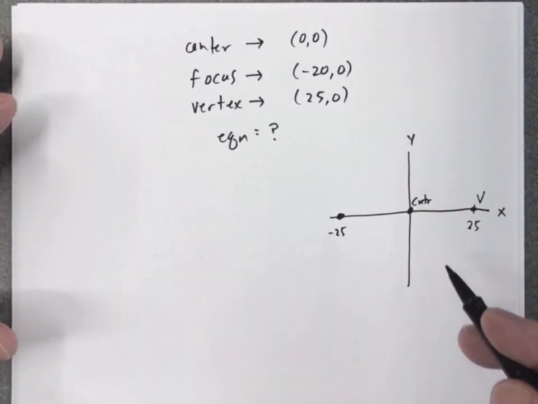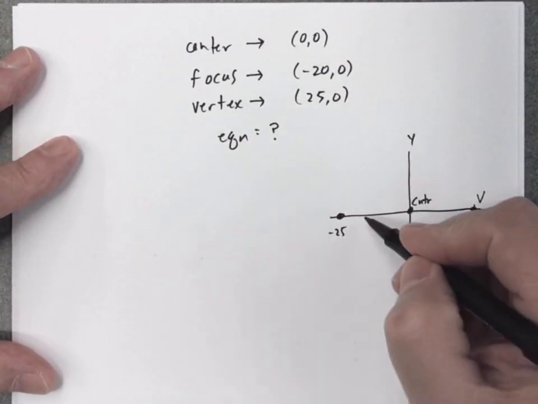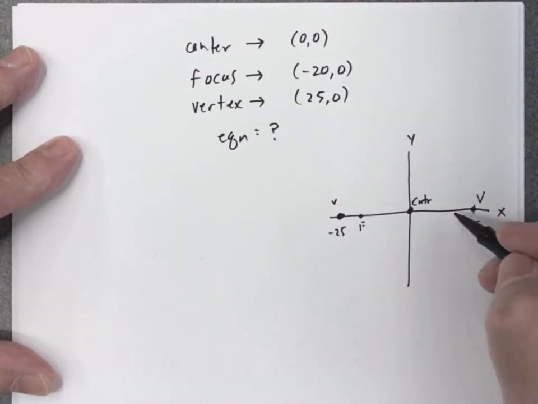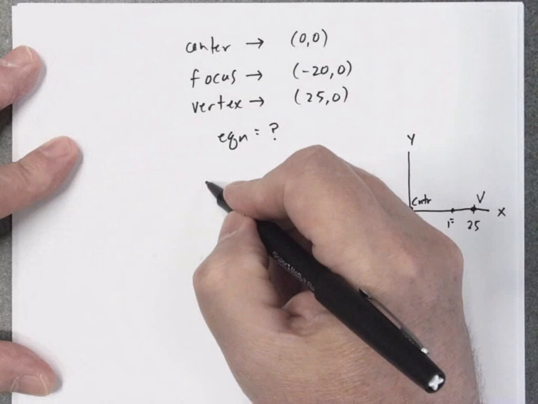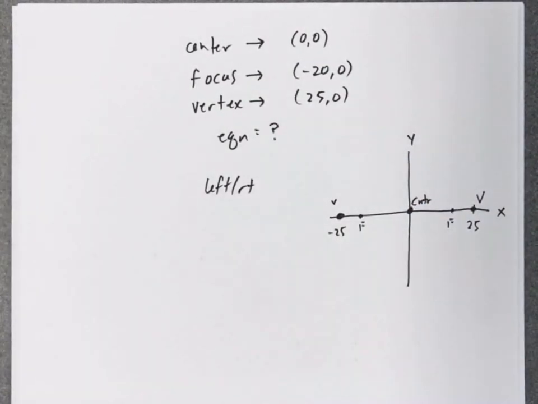And the focus would be right here. So obviously we have a left to right ellipse, because that determines which equation we're going to use.